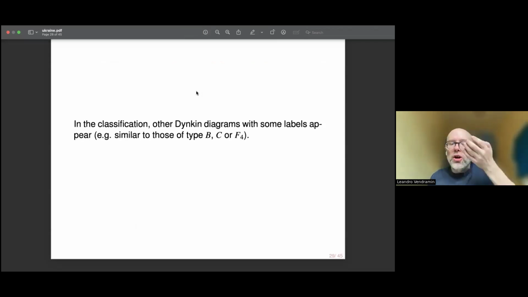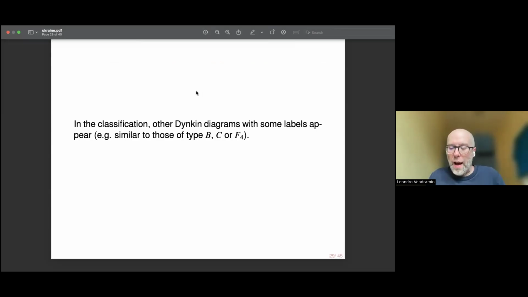If you go a bit outside classical ADE type, then you get some diagrams which are similar to type B, C, or F4, but with a bit more decoration. Why didn't we include these diagrams in the case of 2 summands? Well, you could do that, but you have a lot of exceptions in that case, so it doesn't look good.